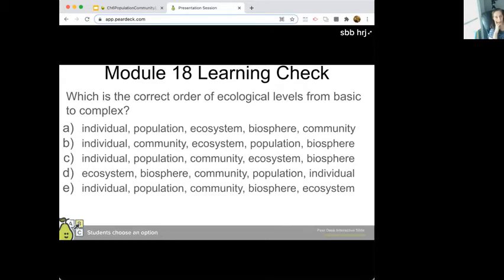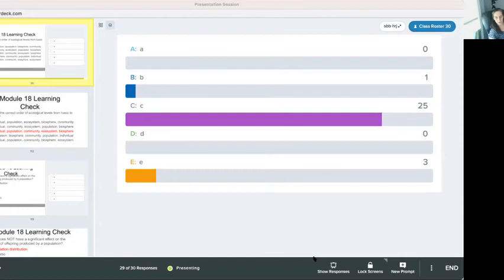But then you should be able to go back and fix it and look at what the right answer is. So for example, I'm going to show you guys my screen, and we can go back and fix our thinking on what the actual correct order is.